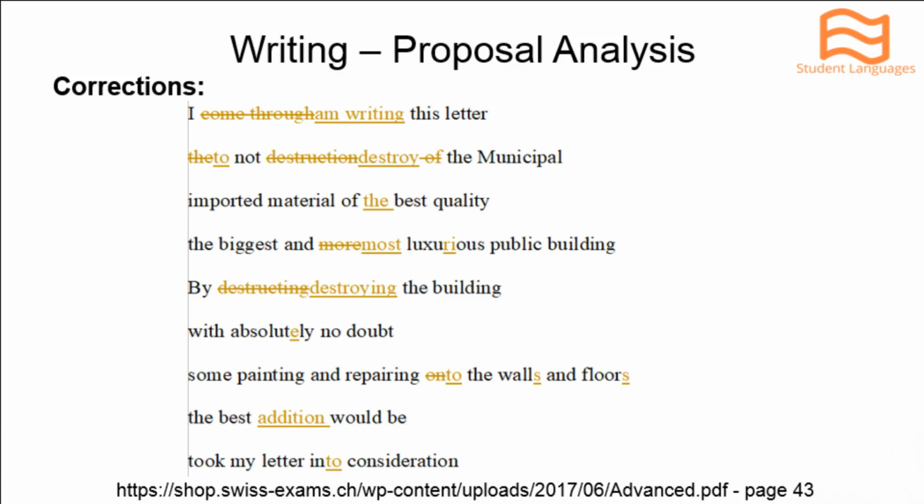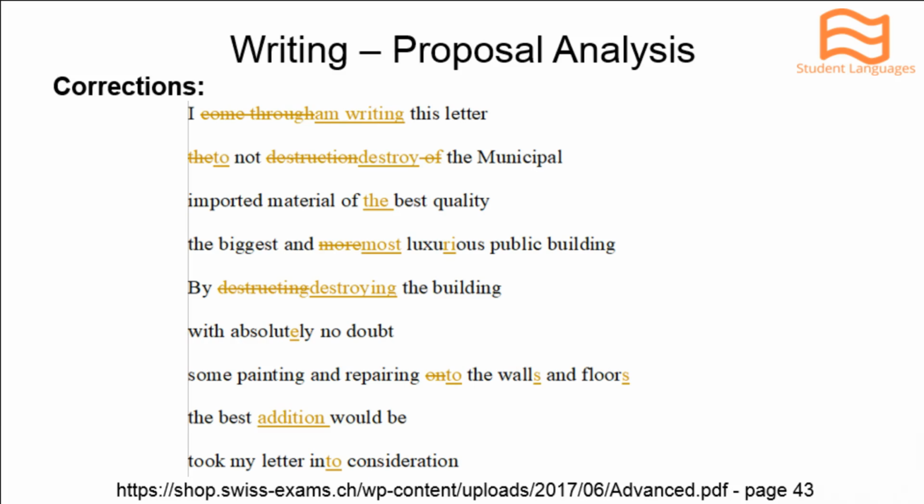And that shows that we know when to omit words if we can. And that's a good thing to show the examiner. If you know that a word isn't necessary in a sentence and you don't need to repeat it, then don't. Biggest and most luxurious public building. The word luxurious is spelled like this.